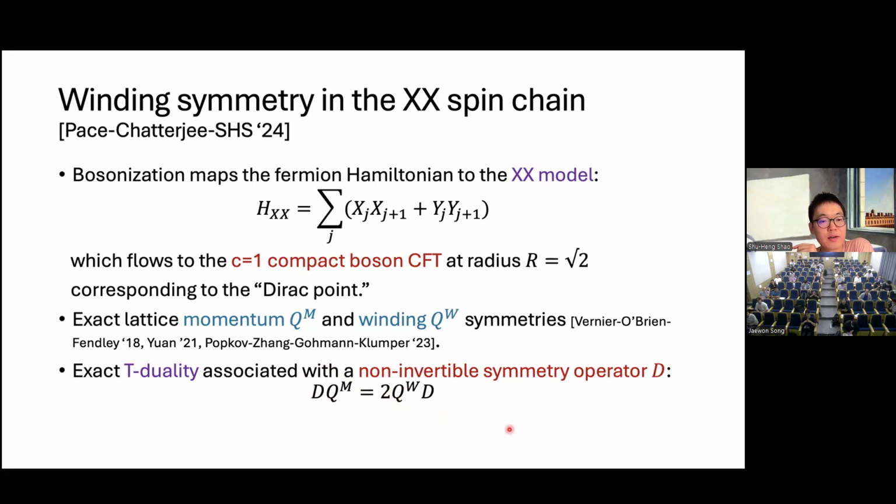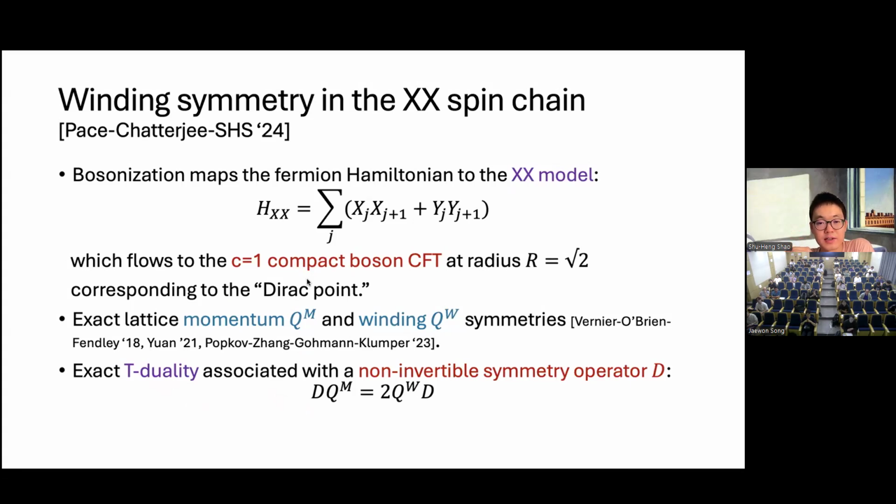In string theory, there's a T-duality exchanging the momentum and the winding, and you can view this non-invertible lattice symmetry operator D as the lattice counterpart that implements this T-duality. So usually we say that T-duality doesn't exist for the XXZ lattice model.